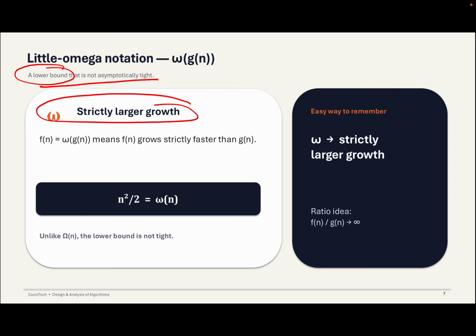Here it also follows the strictly larger growth. It should be either greater or smaller, not equal to. It won't reach the referential growth. So Fn equals omega Gn means that Fn grows strictly faster than Gn.